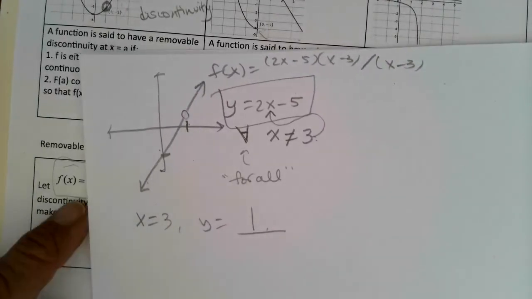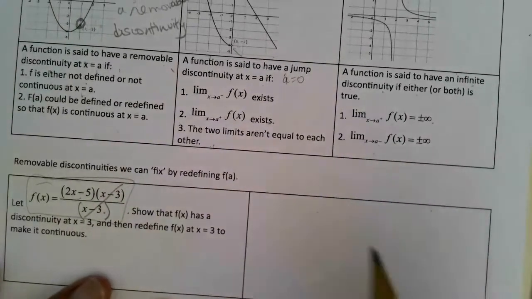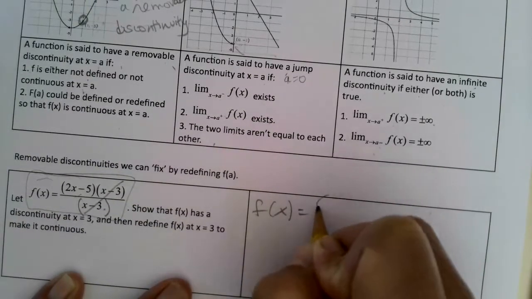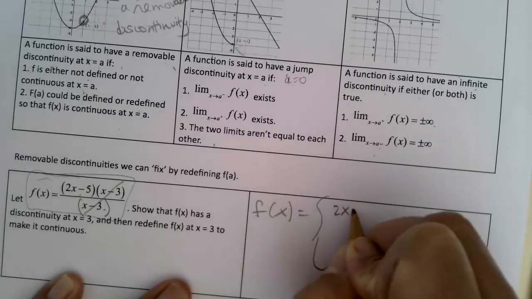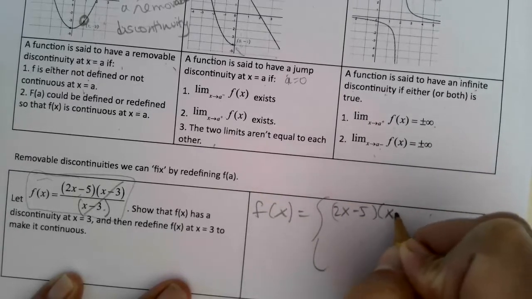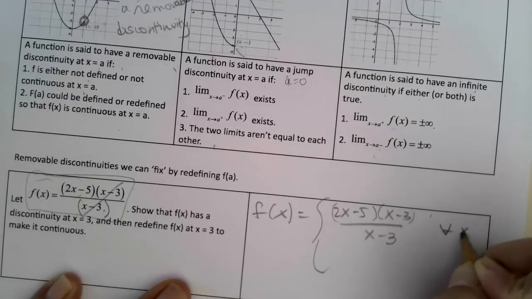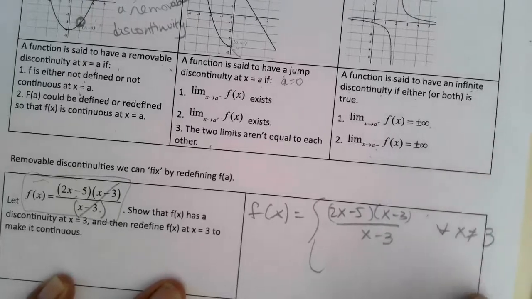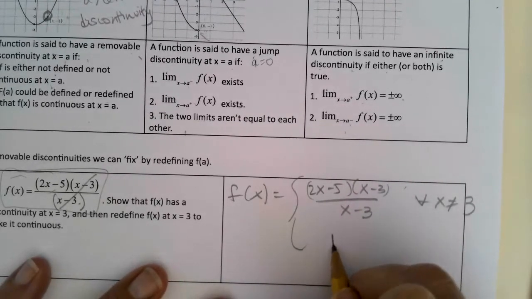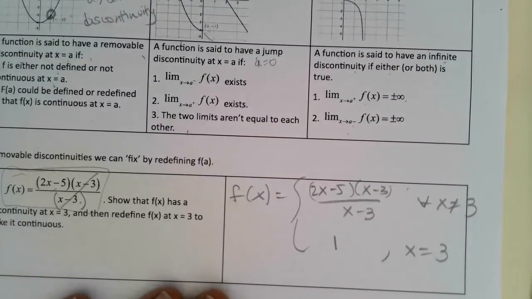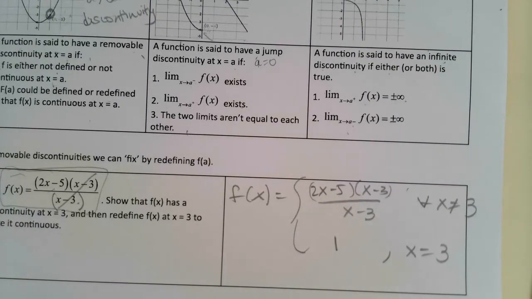So if I redefine my f of x, f of x equals (2x minus 5) times (x minus 3) over (x minus 3) for all x not equal to 3, and it equals 1 for x equals 3. Okay? So what you do is you find the equivalent function that's defined where x equals 3, plug 3 in, come up with the y value that'll fill in the dot.